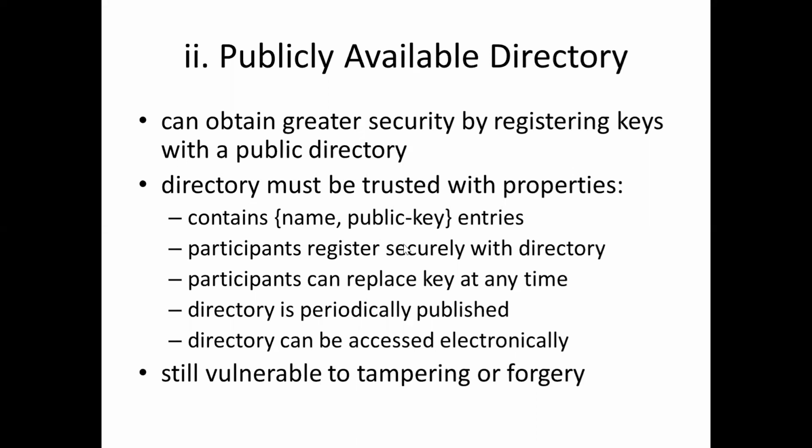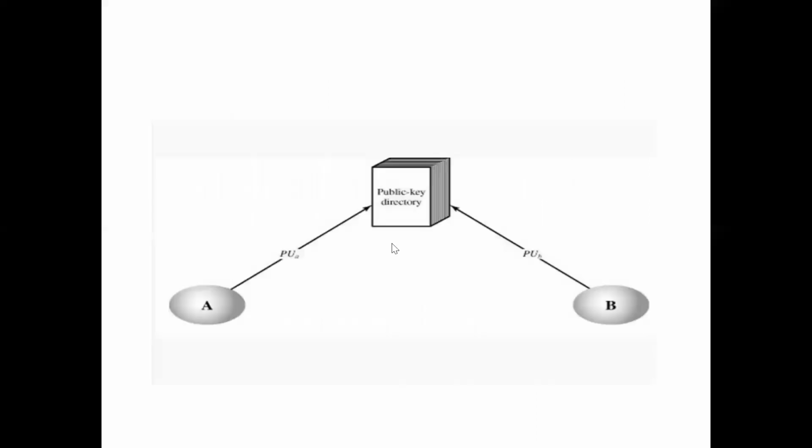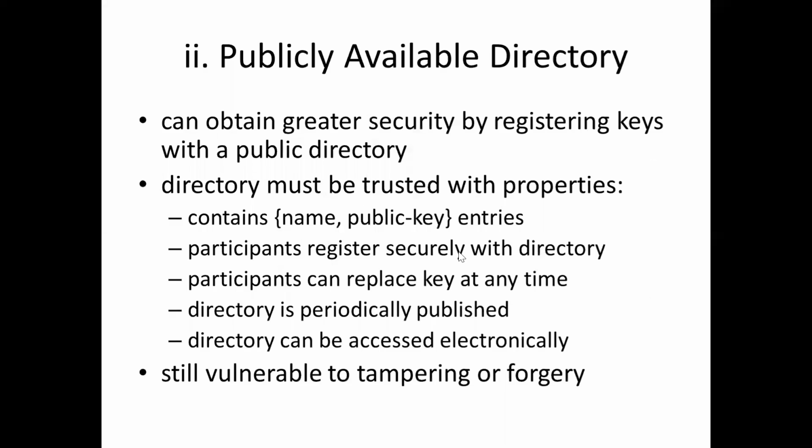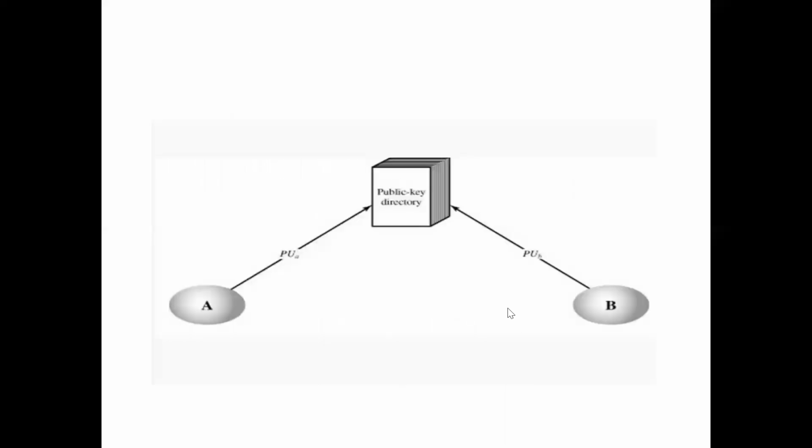Publicly available directory. Participant A registers his public key in the public key directory. Similarly, the other participant registers his public key in the public key directory. The public key directory periodically publishes the participants' public keys.